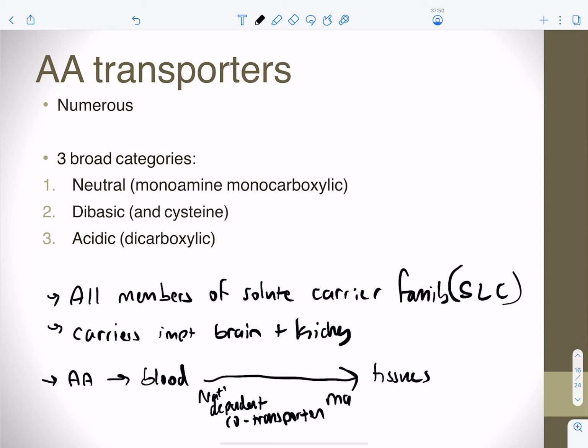This is the major, and this is the minor route, okay? This is going to be different from glucose, of course, in which sodium transport is in the intestinal and renal epithelial cells, but facilitated transport by those GLUT receptors in other tissue types. Whereas with your proteins, you still have the sodium-dependent co-transporters throughout your tissues.